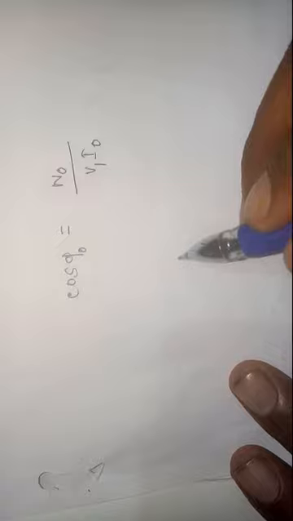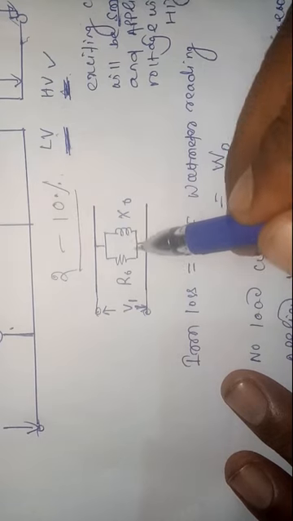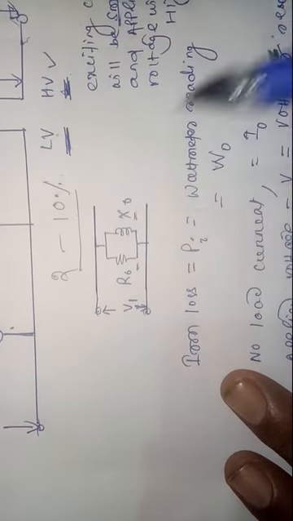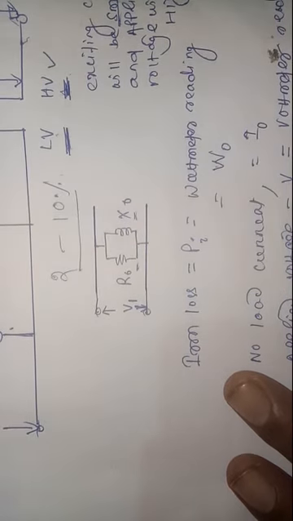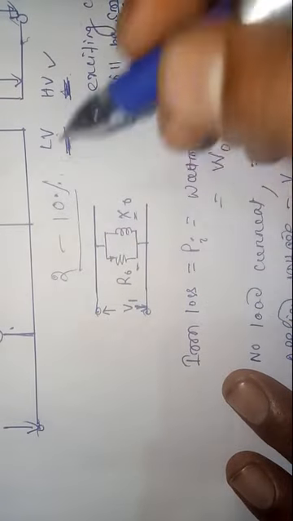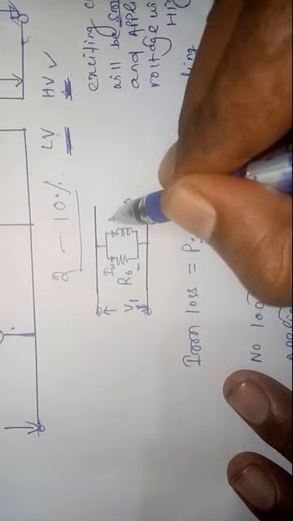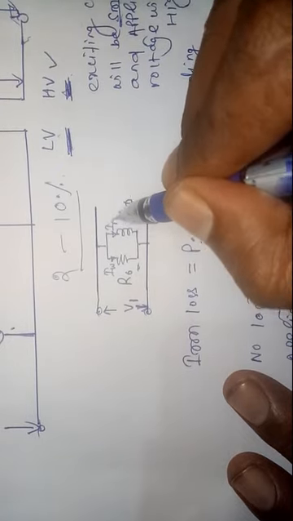Okay, so look at this equivalent circuit of the transformer. In our earlier class, I told you this R0 and X0 are the physical elements. The current flowing through R0 is your IW, and the current flowing through X0 is your Im.